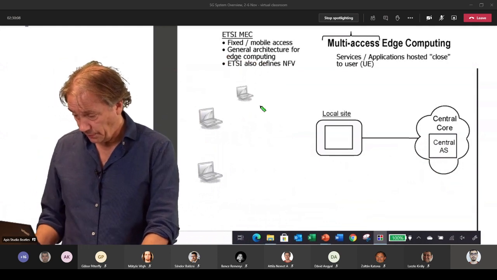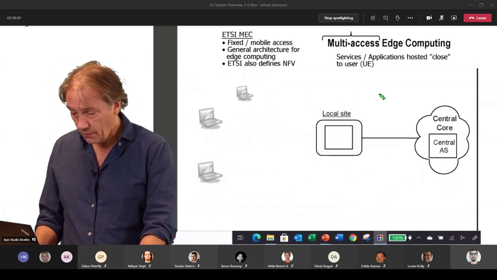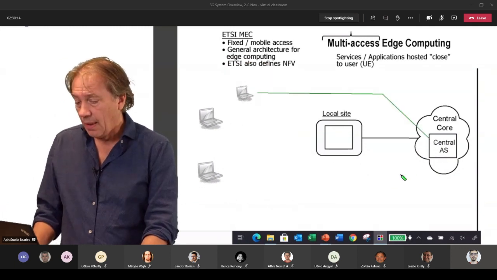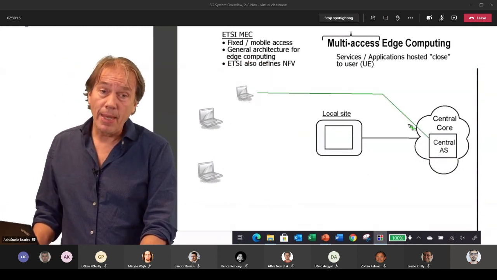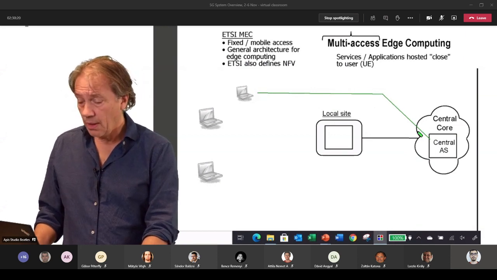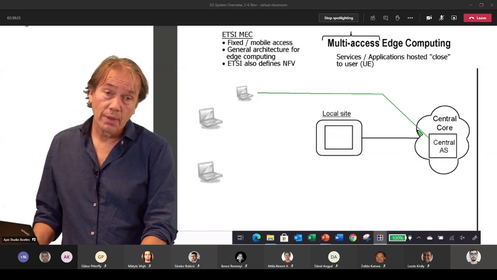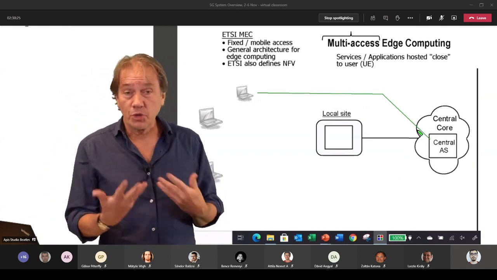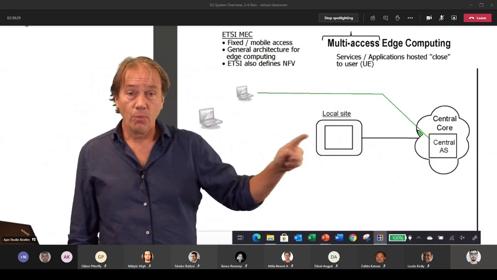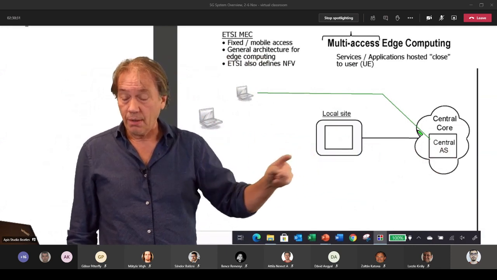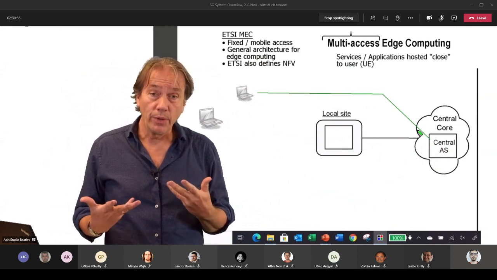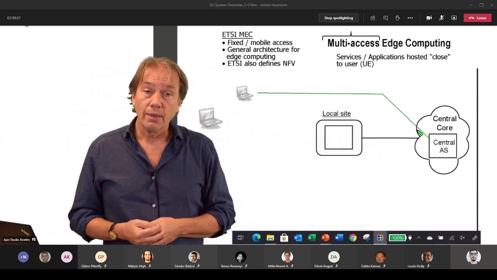Well, latencies may be quite long. Also, the transport network here, and whatever network we use here, is likely to be loaded with the traffic.